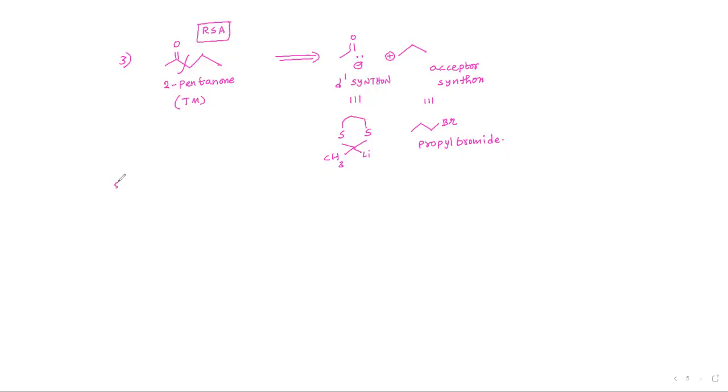Now I'll give you the synthesis. The synthetic part is like this. This is CH3 C double bond O. The synthesis will start with the dithiane.